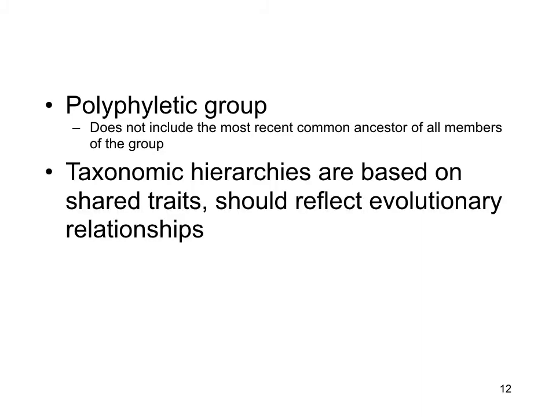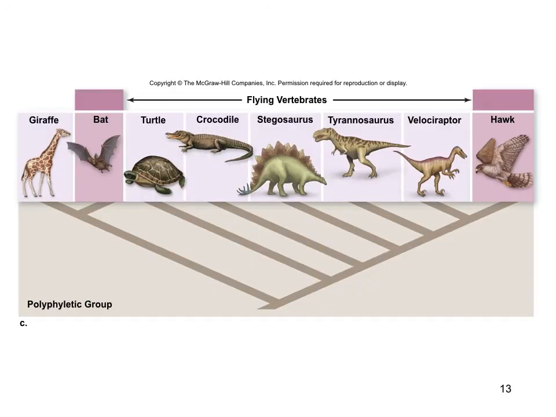And so when we get these monophyletic phylogenies, we try and base our taxonomic hierarchies on them, so they reflect these relationships. And so I'm going to go through an example where the phylogeny is different than our common sense, how we interpret the organization of animals.